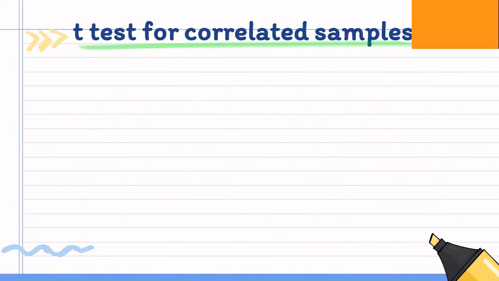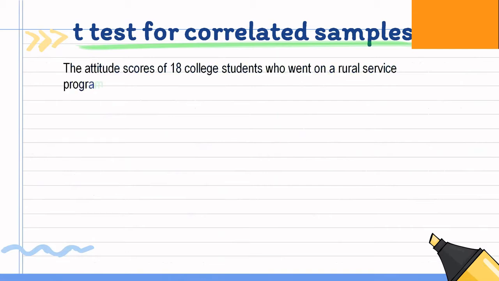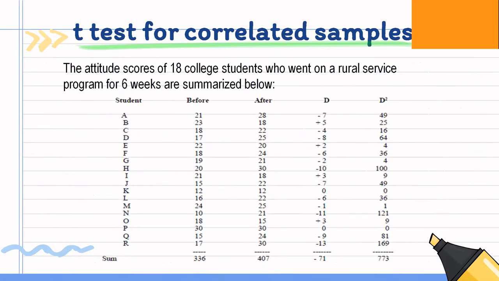Now let's go for another example, but now for t-test for correlated or dependent samples or matched pairs. Here's the problem. The attitude scores of 18 college students who went on a rural service program for 6 weeks are summarized below.